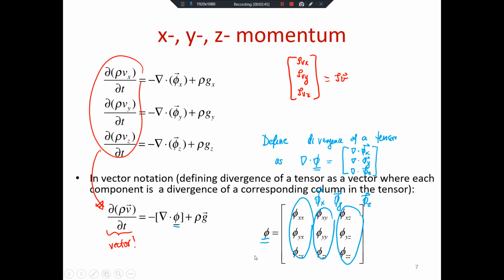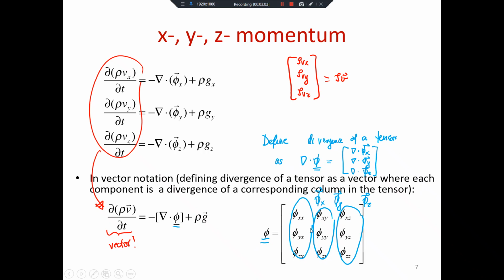And remember that tensor phi, our combined momentum tensor, had phi x, phi y, and phi z as column vectors. Okay? Great. So that's essentially what motivates the definition of a divergence of a tensor.